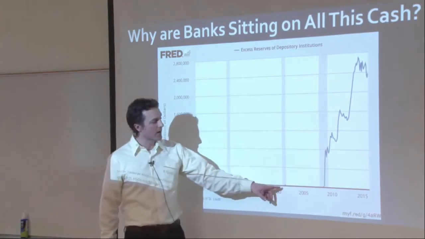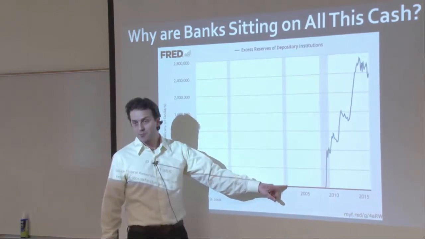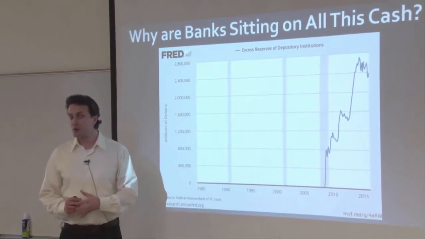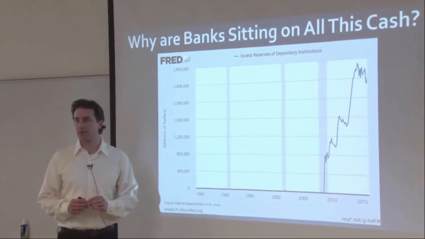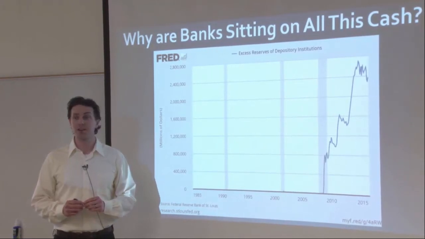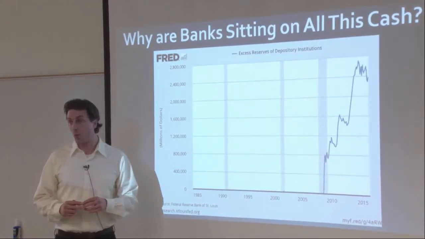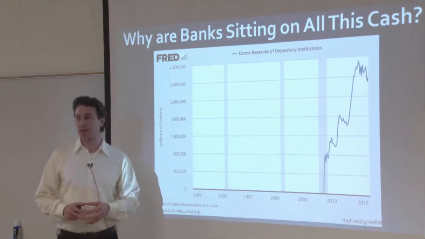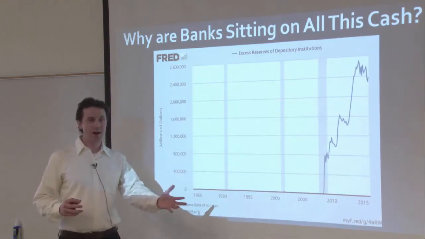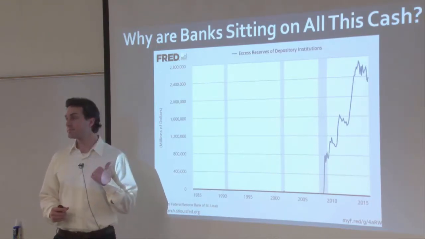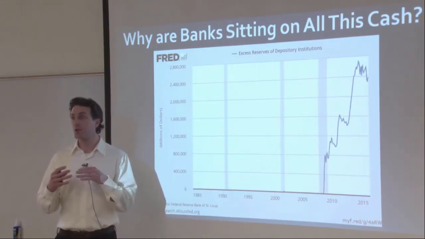And so what was going on with 9/11, and why there's a little blip right there of excess reserves going up and then coming down, was that for a few weeks or a few months after 9/11 happened, people were a little bit uncertain about the economy, right? People were saying, okay, are there going to be more terrorist attacks? Is the government going to go into martial law? Is that going to hurt my business? And so if you're a banker, you're more likely to want to hold on to your reserves.